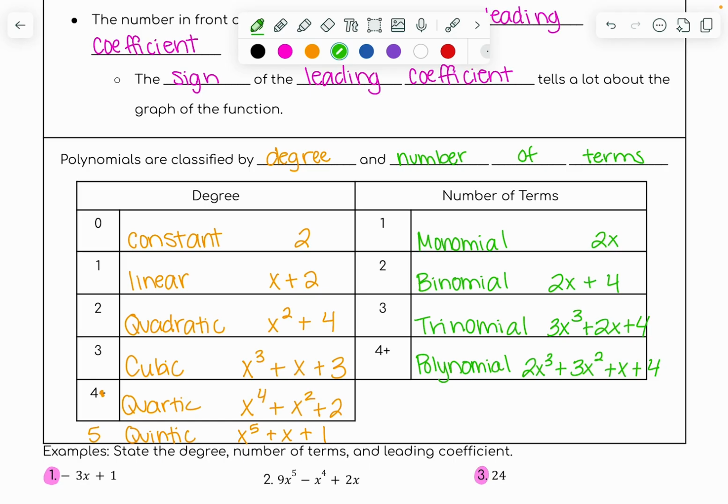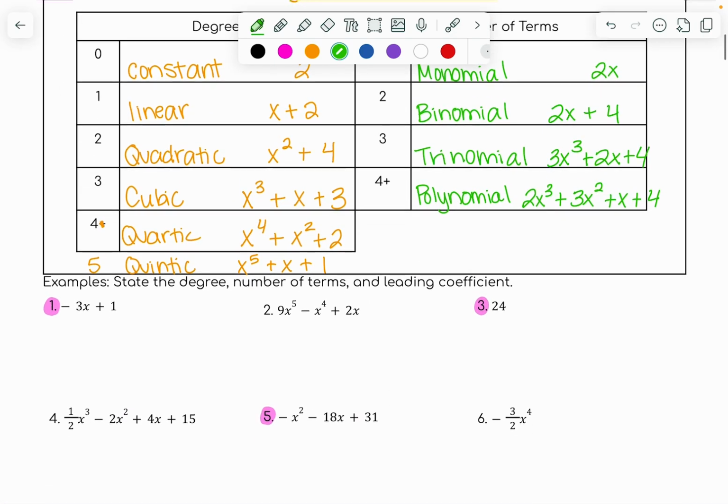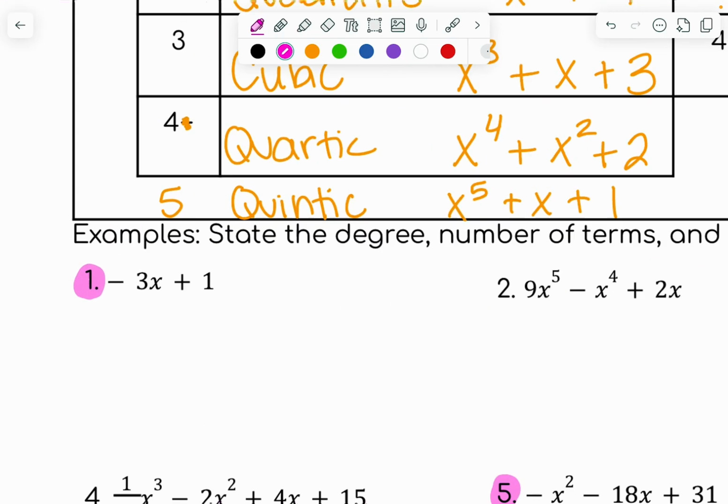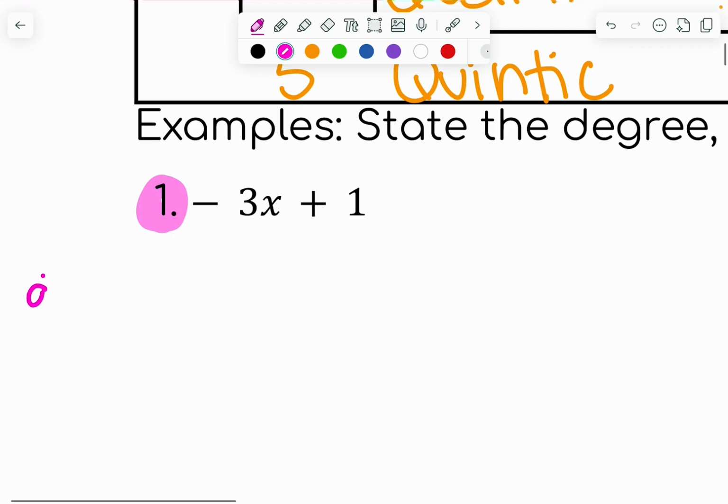All right, so I'm going to do 3 examples with you, and we are going to do the highlighted ones, so 1, 3, and 5. We're going to state the degree, the number of terms, as well as the leading coefficient here. So, for number 1, the degree.